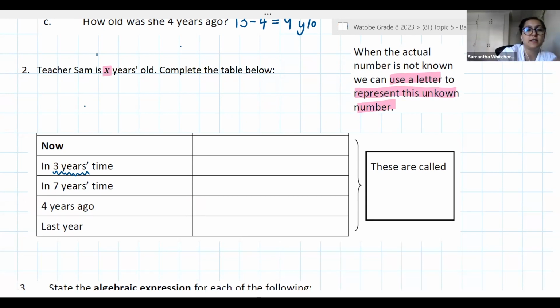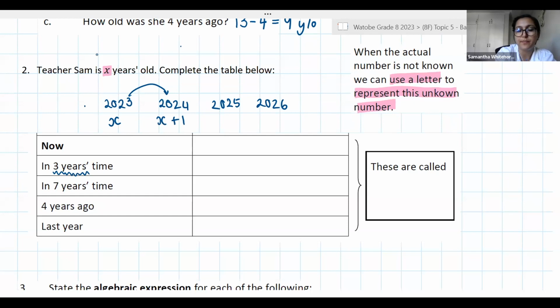Alrighty, guys. Let's think about this. We're in 2023. So 2023, 24, 25, 2026. Currently I'm X years old. In 1 year's time, I will be whatever I was in 2023 plus another year.